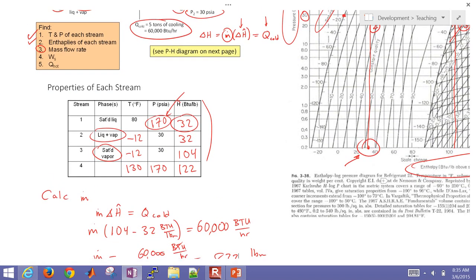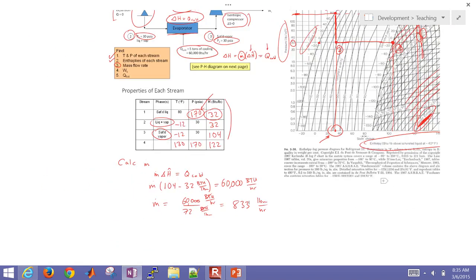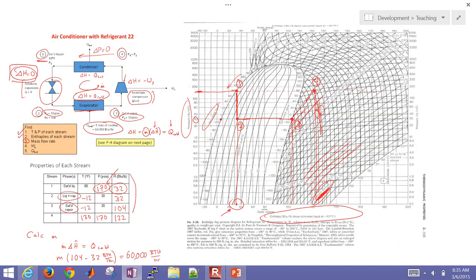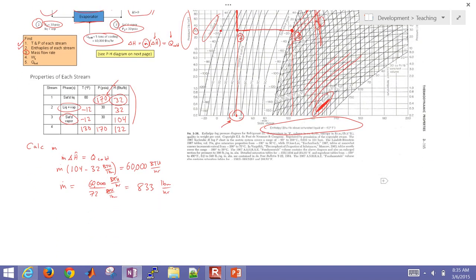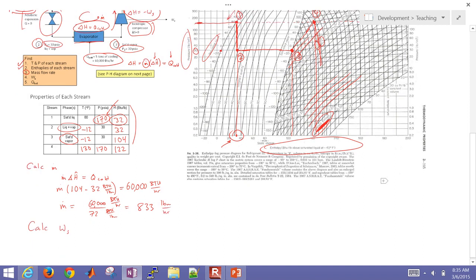Okay, so from the compressor, let's go ahead and find the work required. Now we know how much has to go through there, so let's find out how much work we have to put into compressing this. Okay, so again, let's go ahead and calculate the shaft work that's put into the fluid. Okay, so that is going to be, as we said before, delta H equals negative WS.